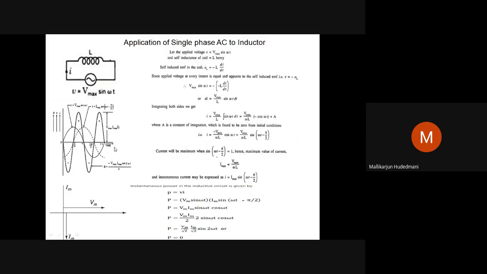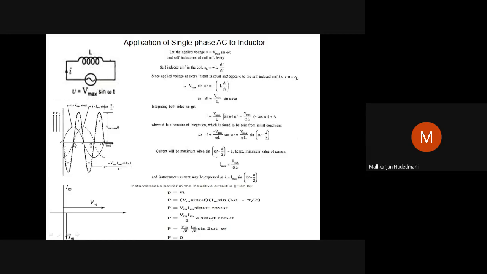From this graph, I have the voltage wave Vm sin ωt. I have a current wave, dotted, Im sin(ωt − π/2). If I dot it back, it becomes a sine wave. And at the 0 mark, the product of v into i is 0. At π/2, current is 0, voltage is peak. Again, the product is 0. Likewise, I will have 0 crossings. At ωt equal to 0, current is highest, voltage is 0.